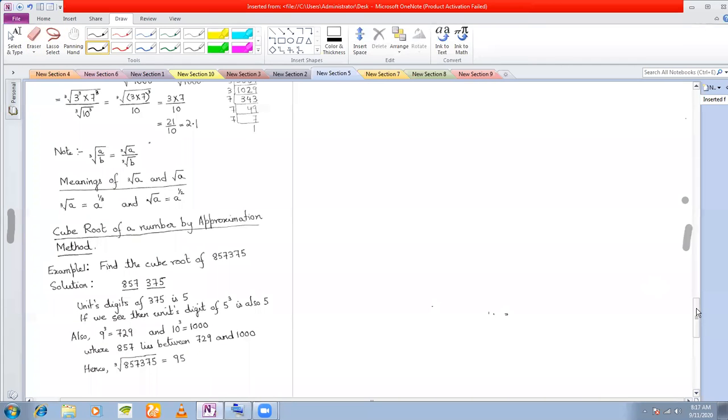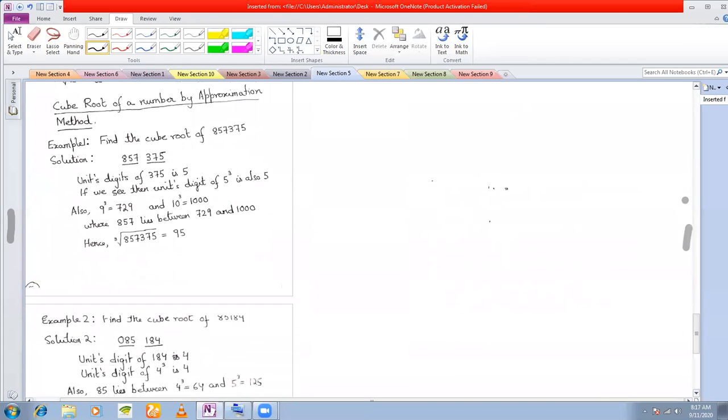Now, what is the approximation method? Let us take an example. Let us take this number 857375. I want to find out the cube root of this number.